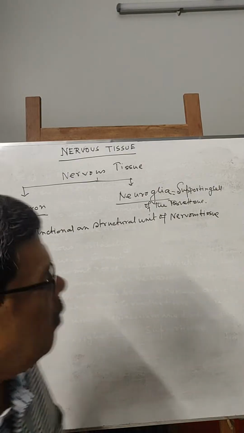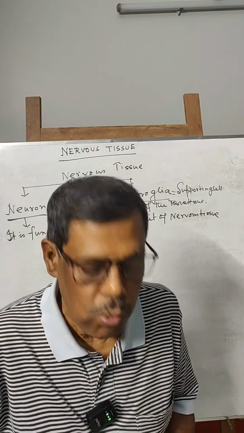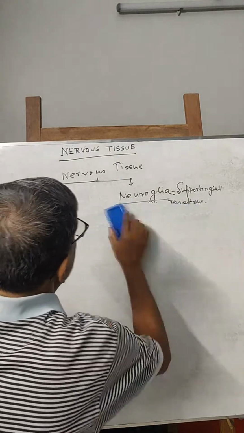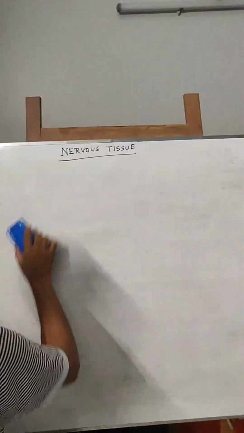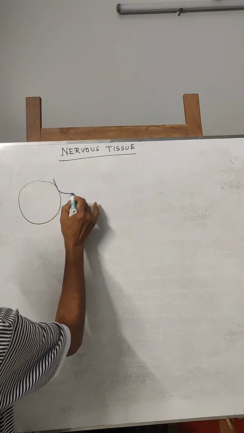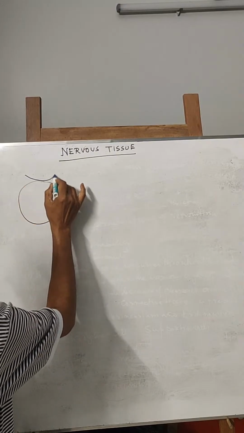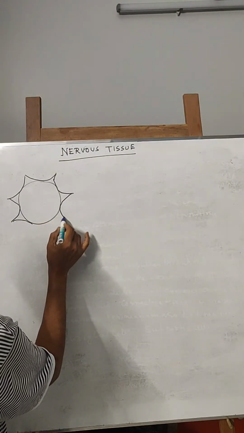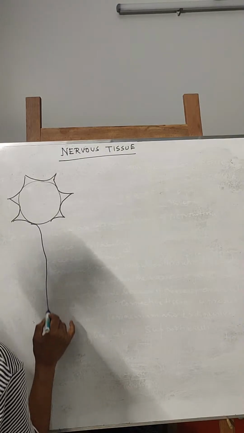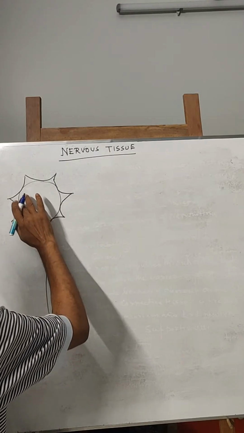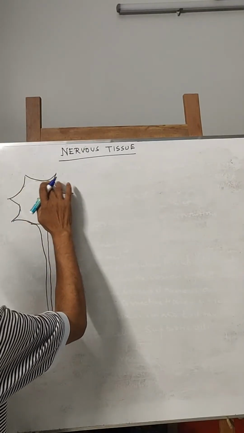Next, I will draw the figure of a neuron. A typical neuron has three parts.